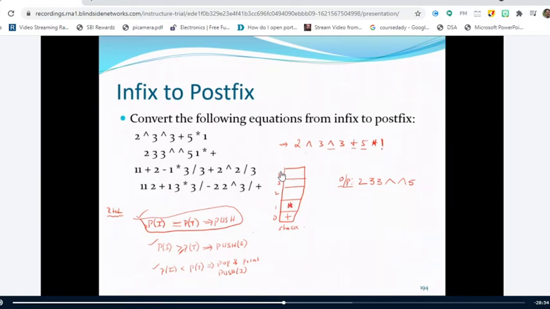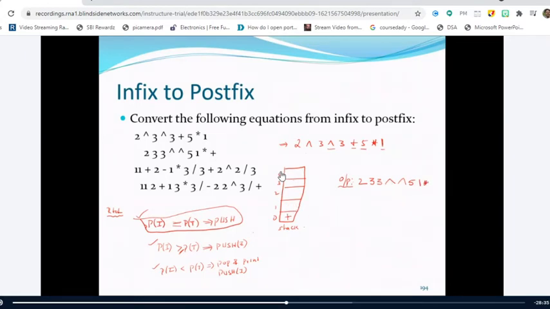Again, we have come across 1, place it in the output. So you have reached the end of the expression. Once you reach the end of the expression, whatever elements are there in the stack, you have to pop them and print them individually. So you pop star and place it in the output.